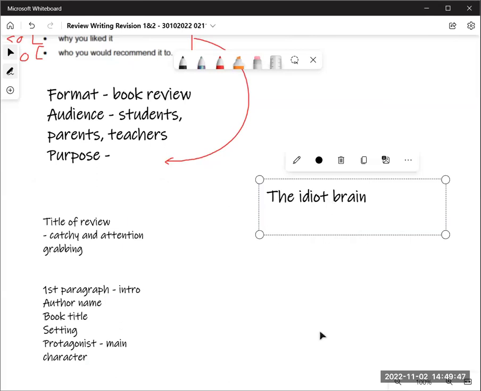What about Rania? Mavadda? Rania, Mavadda, tell me a name of a book. It Ends with Us. Yes. I need the full name, by the way.